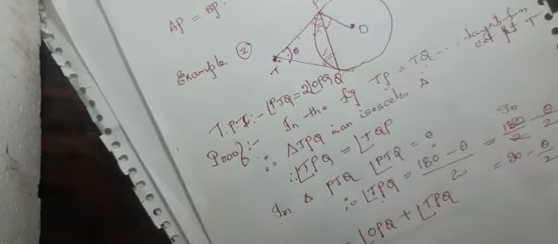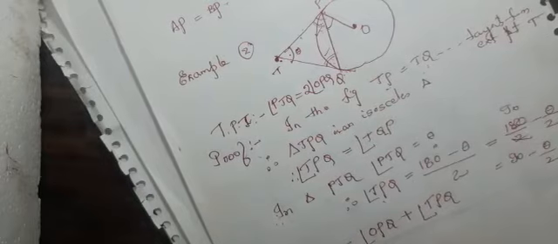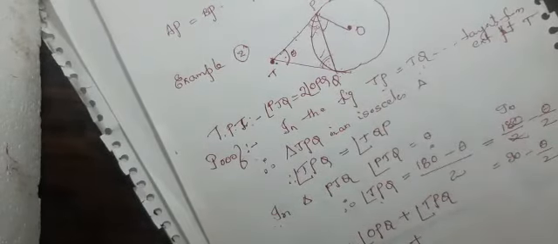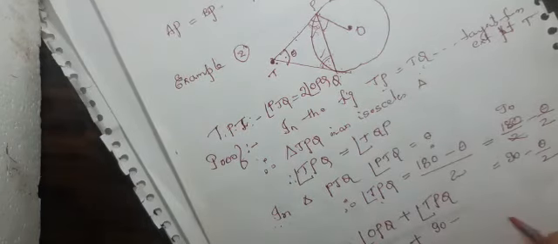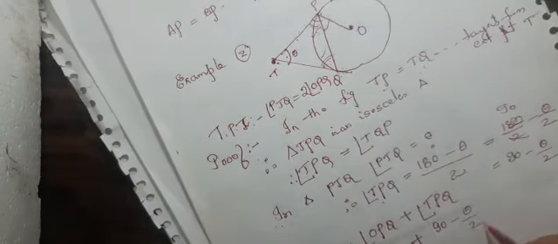OPT is 90. So 90 is equal to OPQ plus TPQ, which I have got here as 90 minus theta by 2. So 90 is equal to OPQ plus 90 minus theta by 2.